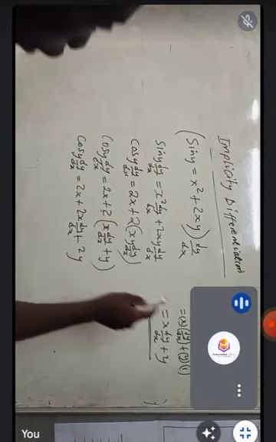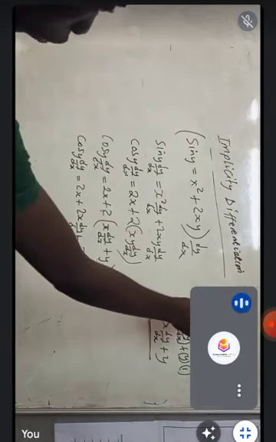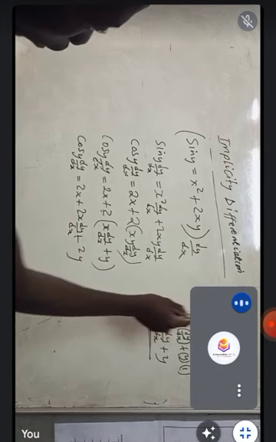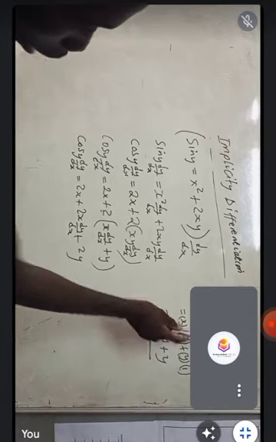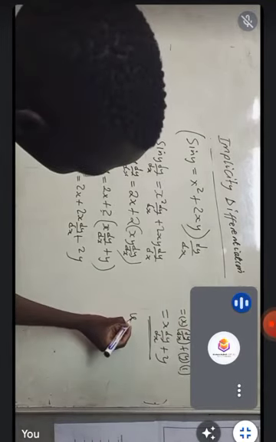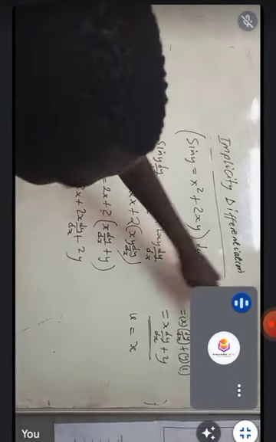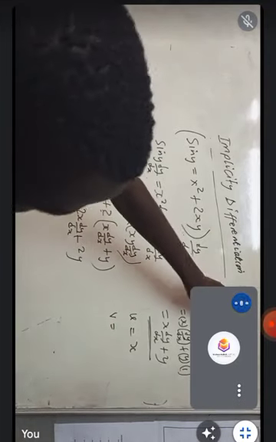So I said we are going to have u, our u is x. This is our x here. I'll put x here. Then what is our dv/dx? So we said our u is what? x, which is this one. Our v is what? Is it y?